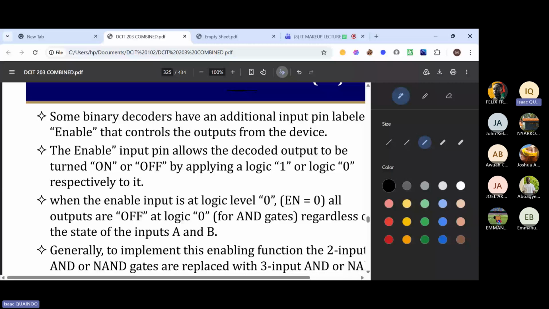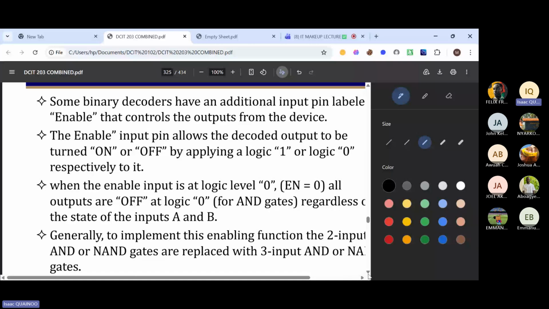So the enabler basically functions as a gate that determines the state of the entire circuit. So if the enabler is on, the entire circuit is on.